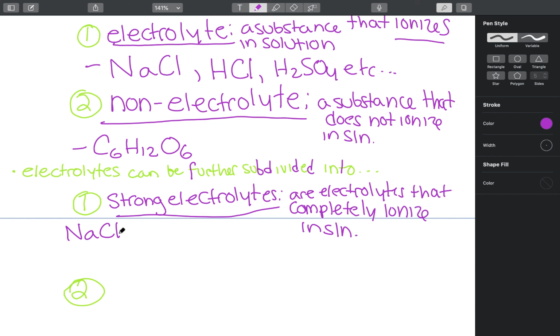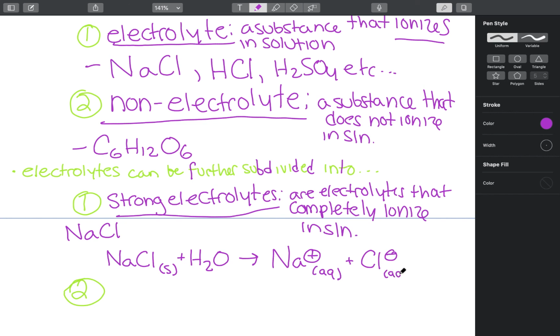So a chemical equation showing a strong electrolyte would be represented as such. You would have NaCl in your solid form, and when you dissolve that in H2O, it would form sodium ions and chloride ions along with your H2O in there.